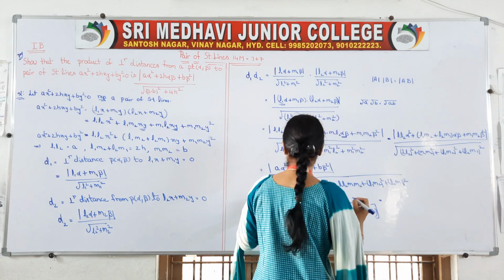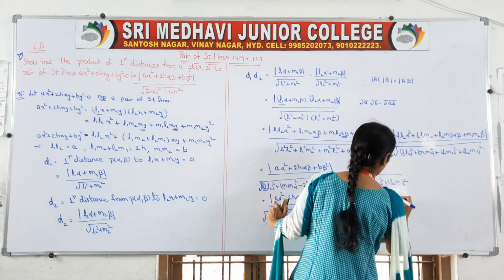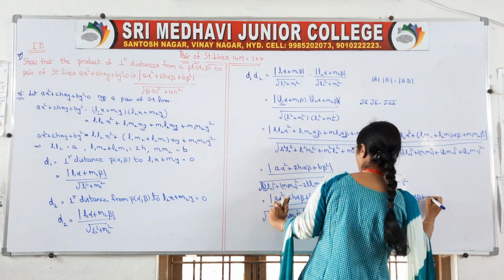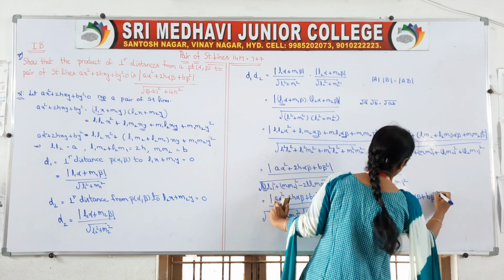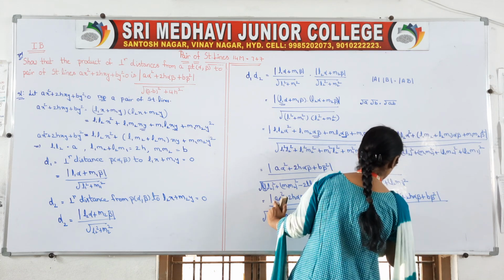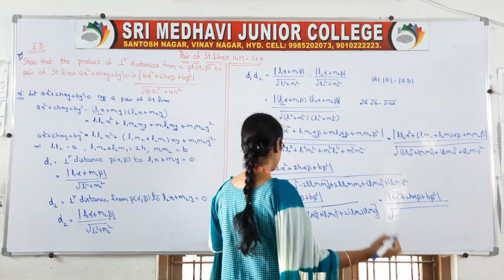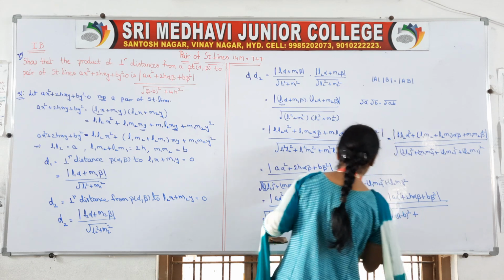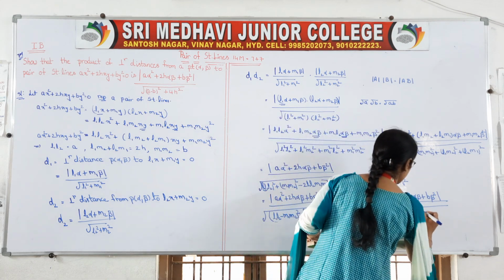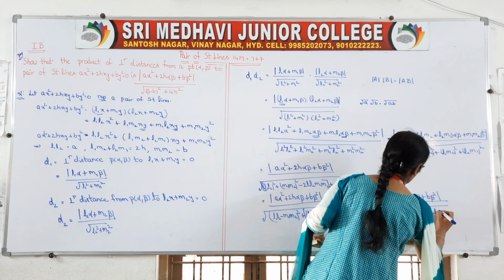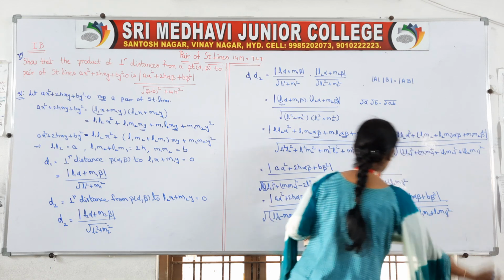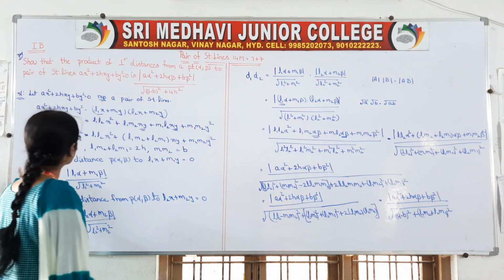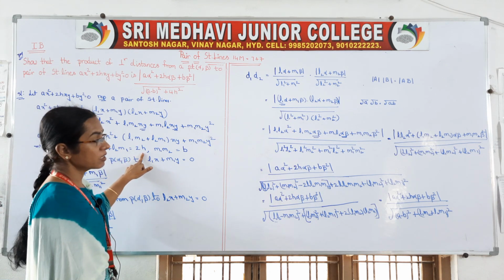So we can write this as modulus of A alpha square plus 2H alpha beta plus B beta square by root of, here this is your A, so A minus B whole square plus this one is L1 M2 plus L2 M1 whole square. So what is that value? L1 M2 plus L2 M1. After the comparison we got that value as 2H.